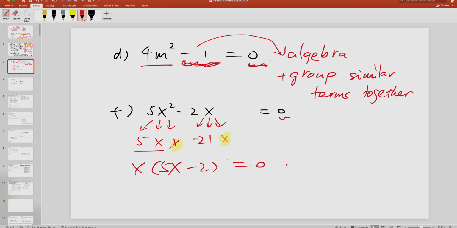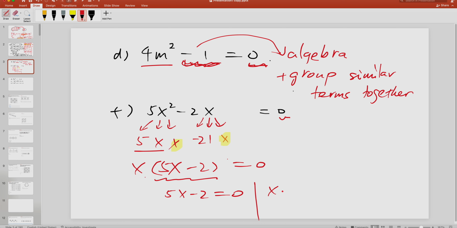Okay. Simple. Now, if you can recall, go to the first question and your solution. This is your first bracket, right? So you equate the first bracket to 0. When you equate the first bracket to 0, you are left with x.